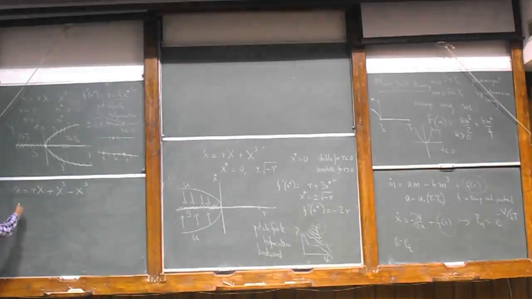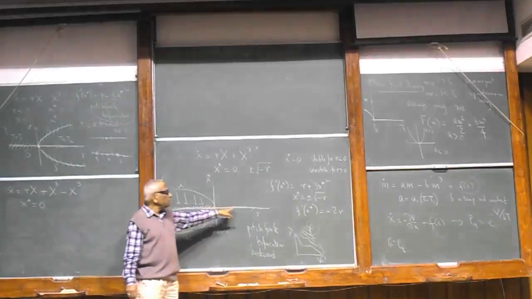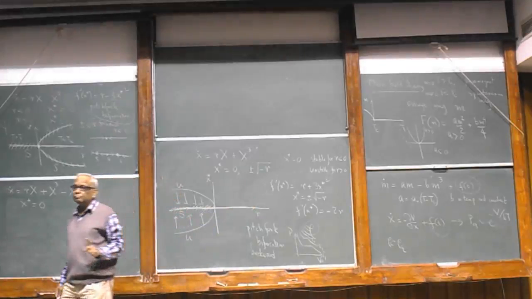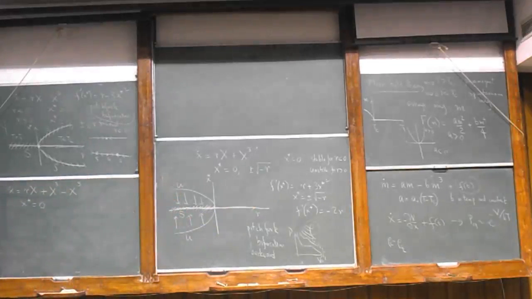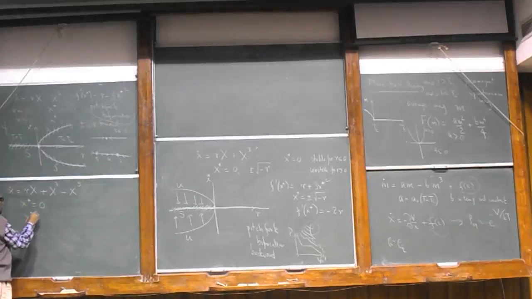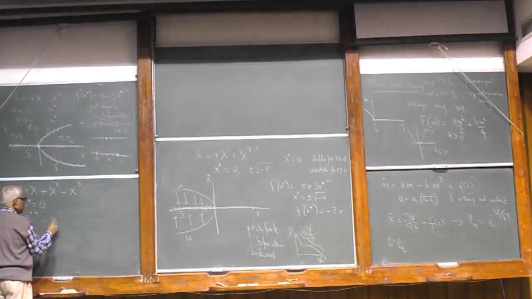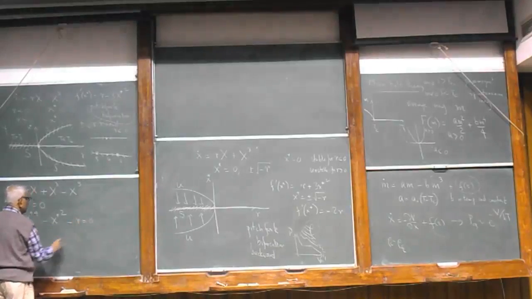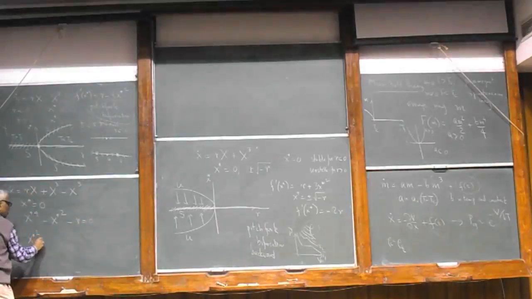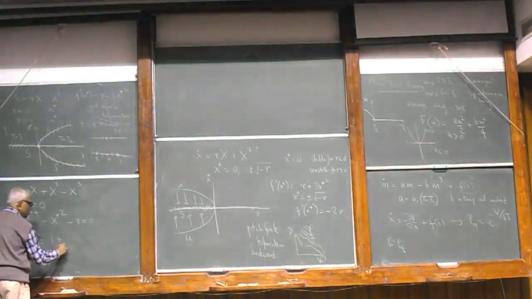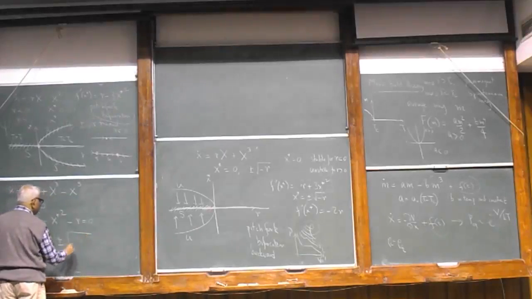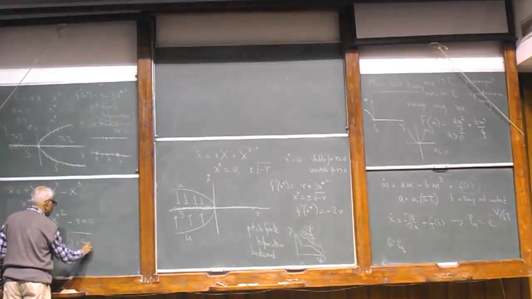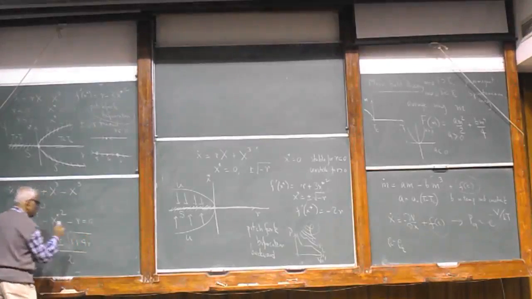So x star equal to 0 is stable if R is negative, and unstable if R is positive. And the other x star comes from x star to the power 4 minus x star squared minus R equal to 0, so that x star squared is equal to 1 plus or minus the square root of 1 plus 4R, divided by 2.